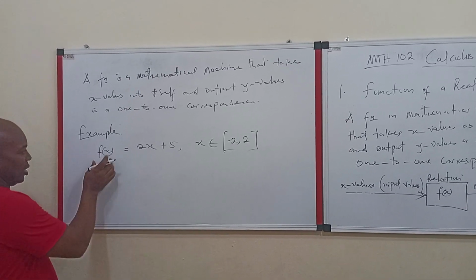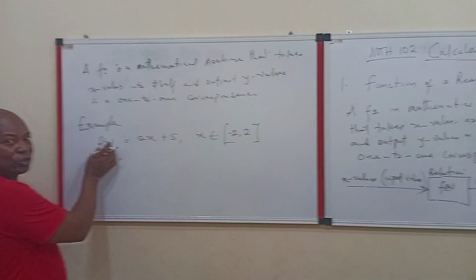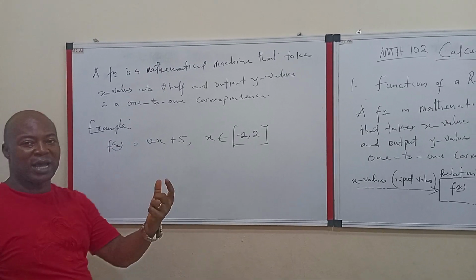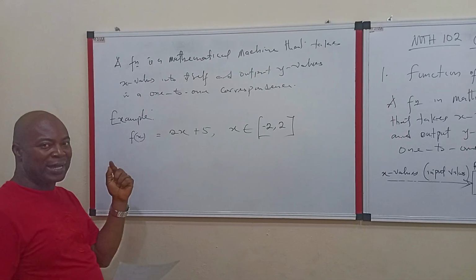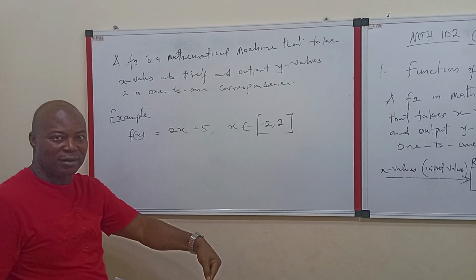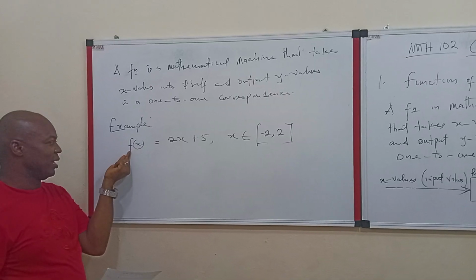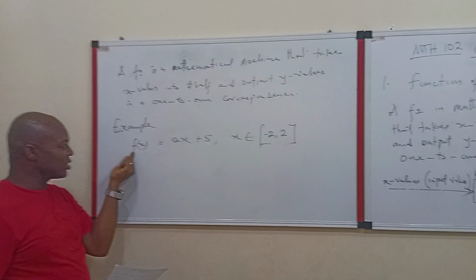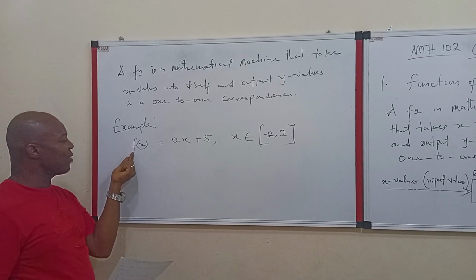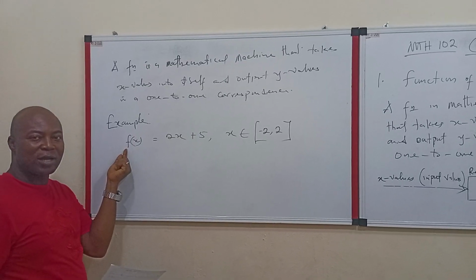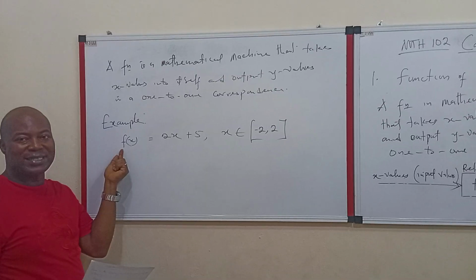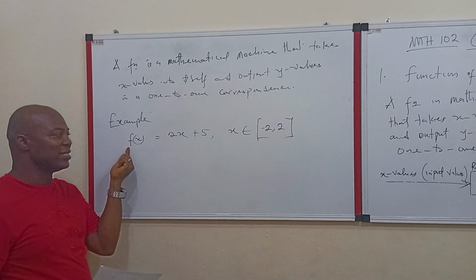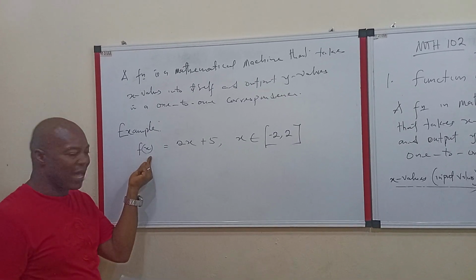So, in other words, for it to be a function, two terms are involved. One is a term that depends on another term. Now, this f here depends on x, meaning that f here cannot stand on its own. f is dependent on x.